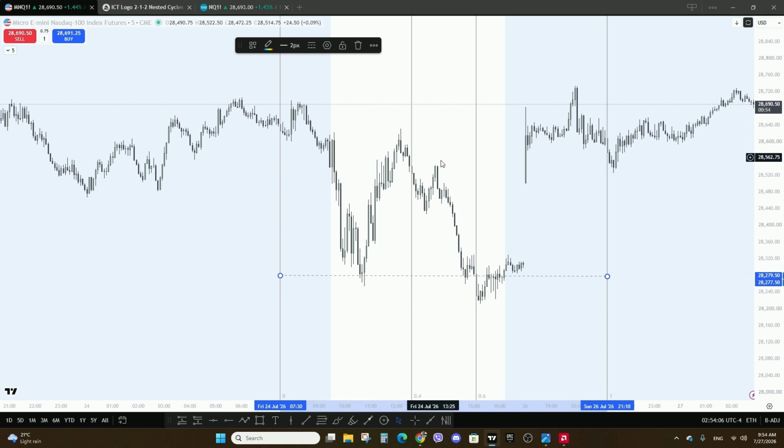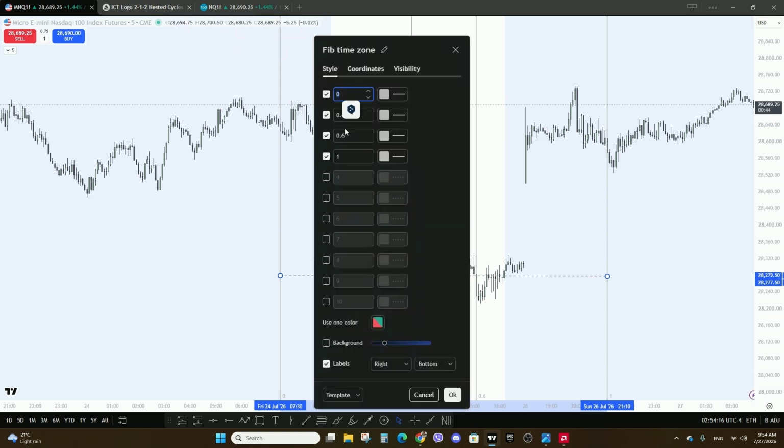Okay, and I'm using a 2-1-2 sequence, and of course you can fine tune these levels a little bit. I'm using the 0.4 and 0.6. So as an anchor point, we have 0, and then we have 0.4, then 0.6, 60%, and then we have the end of our time at 1.